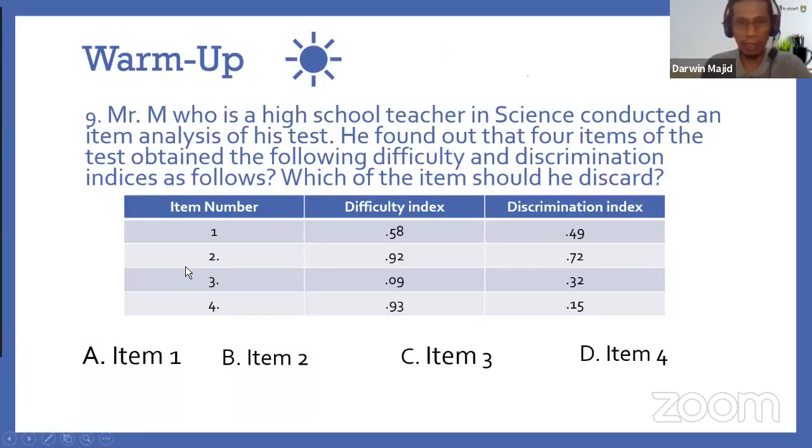Base po doon sa ating ipinakitang table of indices and recommendation. Point 58, ano po ang recommendation pag point 58 at point 49 index? Tapos na po? Okay, ano pong sagot nila?